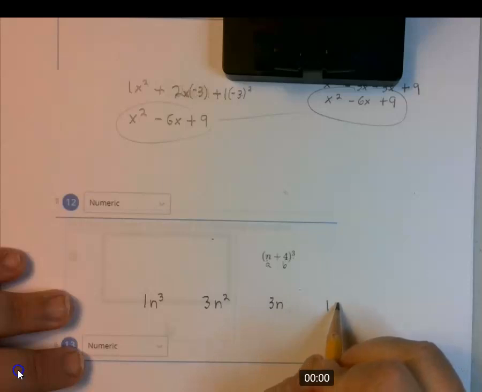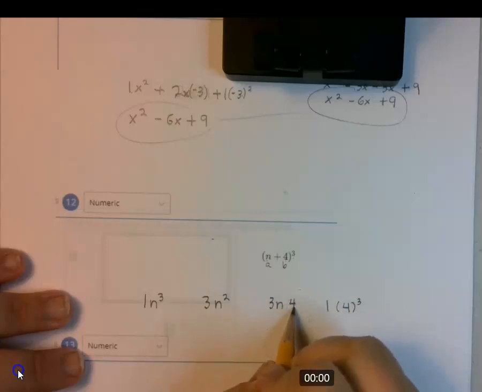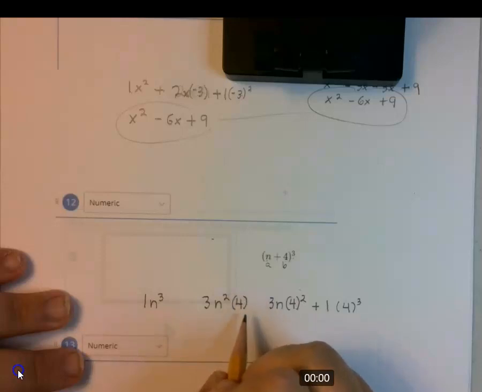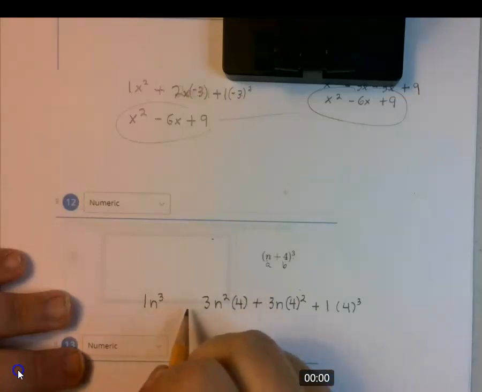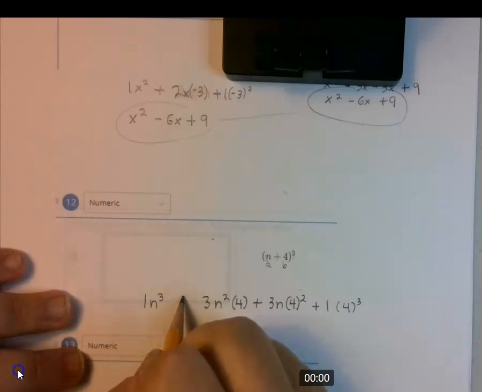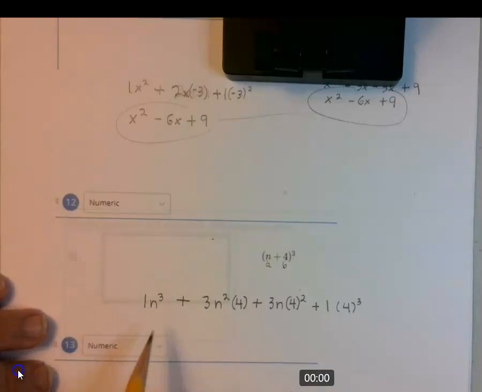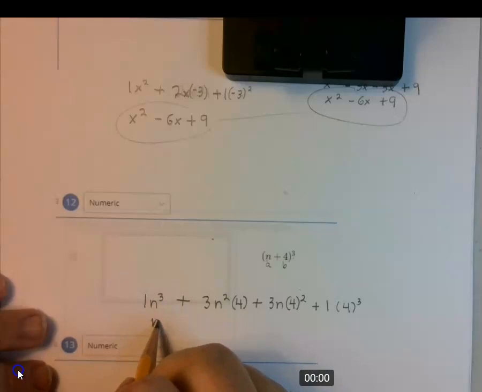And that's going to be, b is 4, that's going to be to the third power. Okay, and the 4 to the 0 power is 1. So let's clean this all up. So it's 1 n to the third is n to the third.